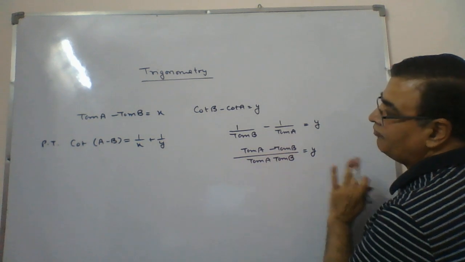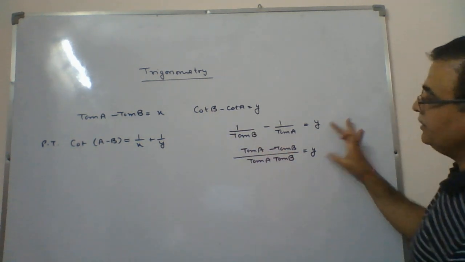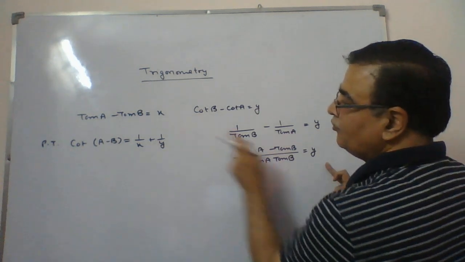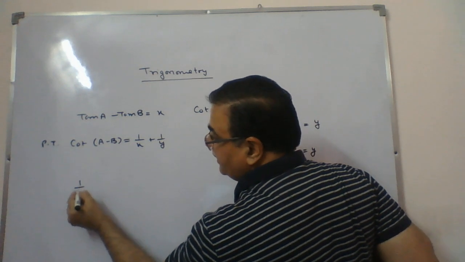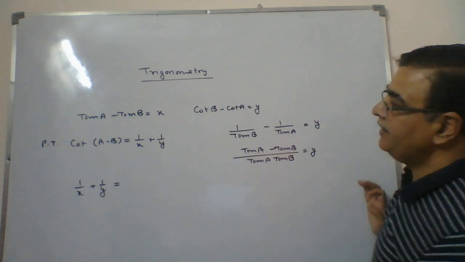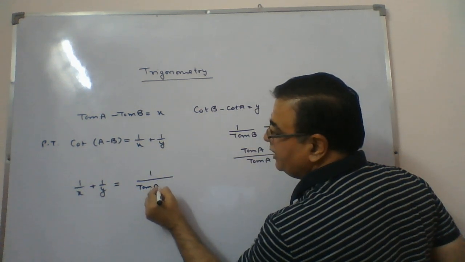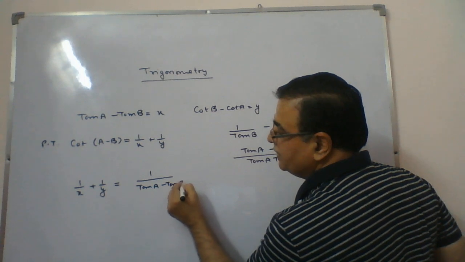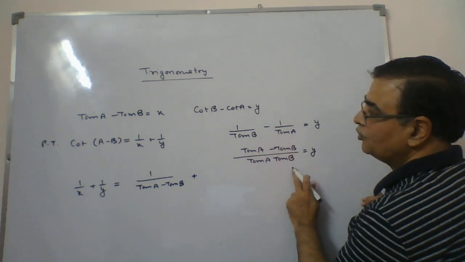So y is known now, x is known now. So if we take x and y, you start with this side first. So 1 by x plus 1 by y. 1 by x, if you take, will be 1 by (tan A minus tan B) plus 1 by y. 1 by y means the reciprocal of this.